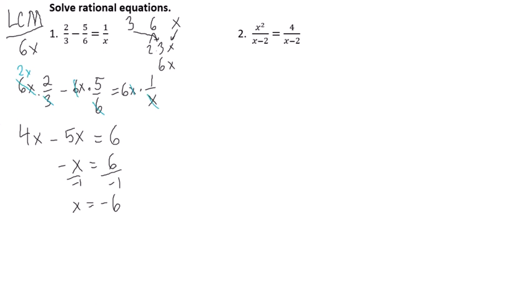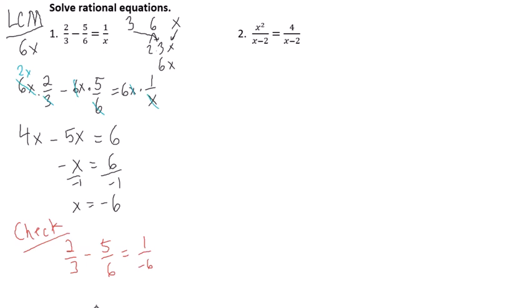Now, it's very important with rational functions that you're always checking your work, because if your solution makes your denominator 0, which in this example, the only way to get 0 is if x is 0, which it's not. We're saying it's -6. But it's just always a good habit to go ahead and check. So let's take 2/3 minus 5 over 6, and that needs to equal 1 over -6.